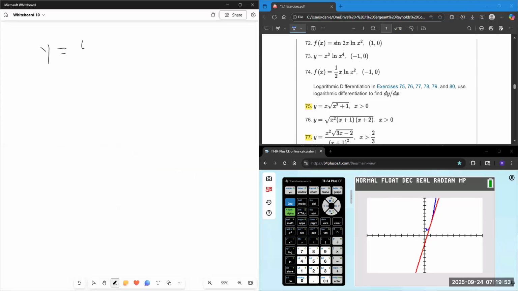y equals u over v. So ln of y is equal to ln of u over v is equal to ln of u minus ln of v. So 1 over y times y prime is equal to 1 over u times u prime minus 1 over v times v prime.